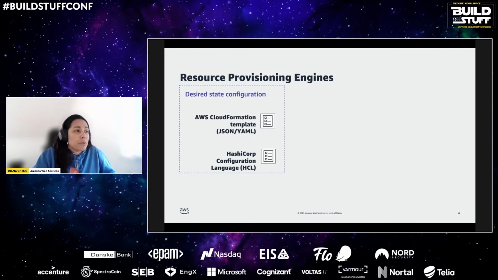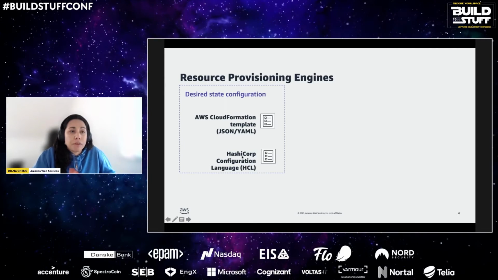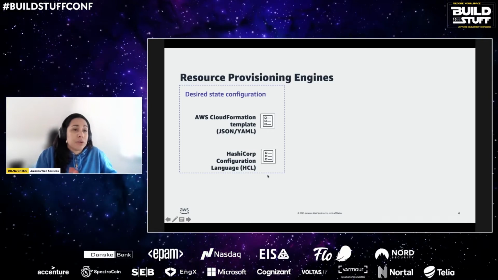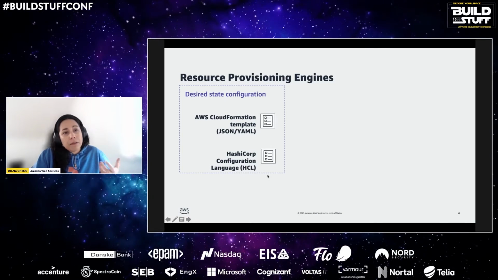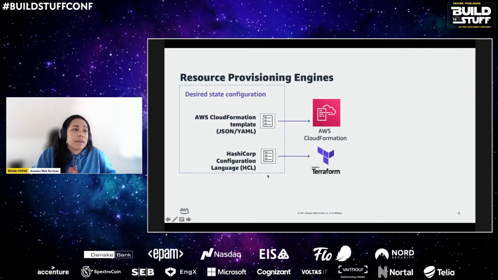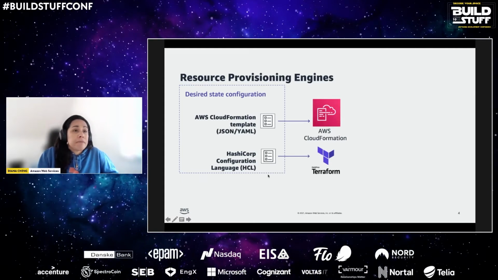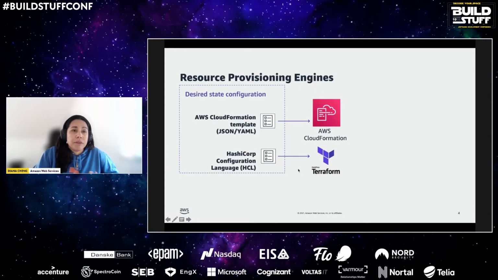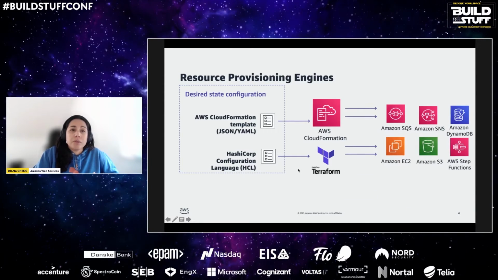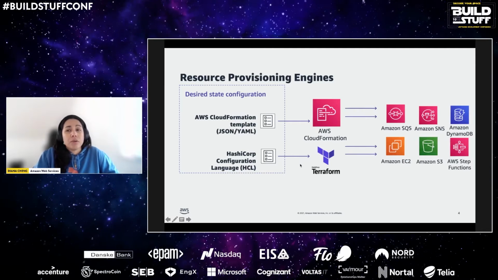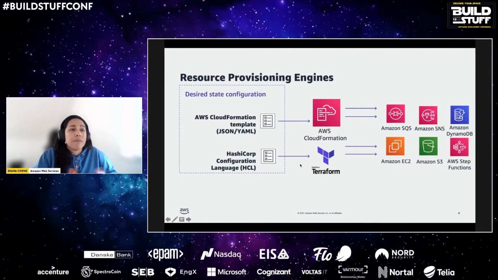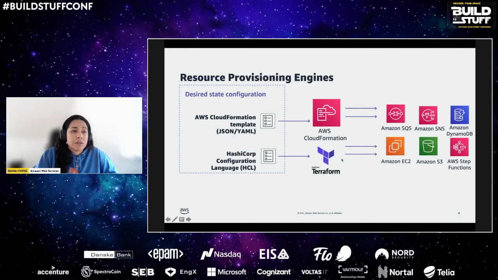And for Terraform, you have the HashiCorp Configuration Language as the templating format that you would use. And then you give these configuration files to the provisioning engines, and they'll do that heavy lifting of figuring out what needs to be done in order to provision or update our infrastructure and have it in the state that we have specified in those configuration files.